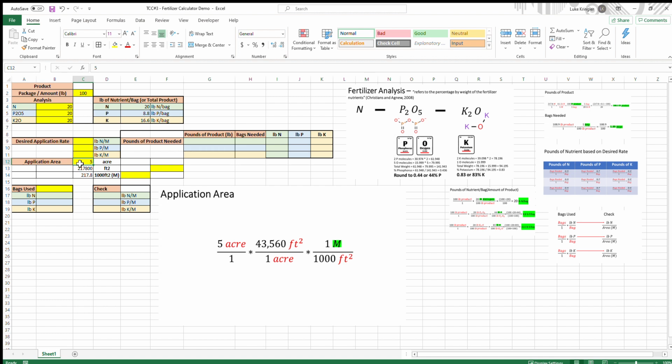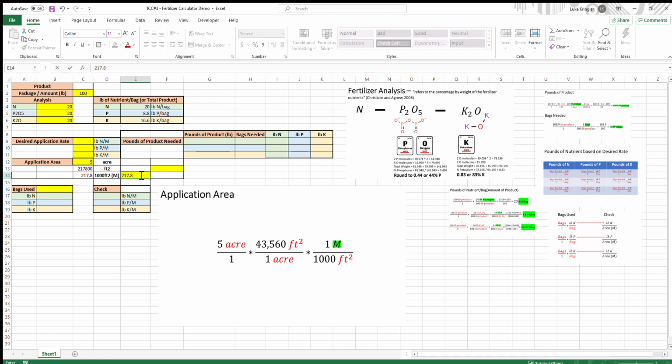So this yellow cell must have a value in it for the calculator to work. These yellow highlighted cells are only to give you acre values that must then be put into this yellow highlighted cell here. So we'll add a thick outside border to that one. All right, so let's just work backwards.